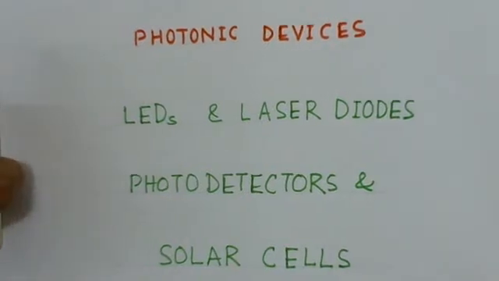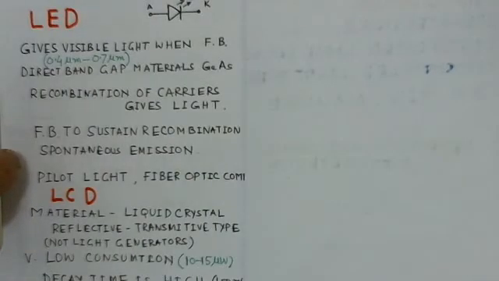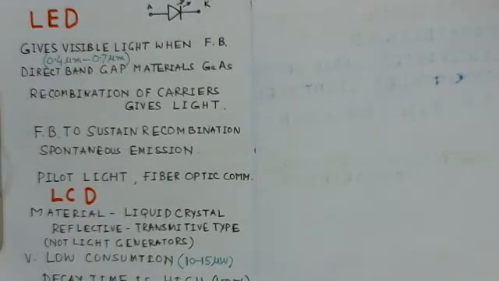Okay, so we'll start with the devices. The first one here is the light emitting diode. This is the first device which we are considering here.